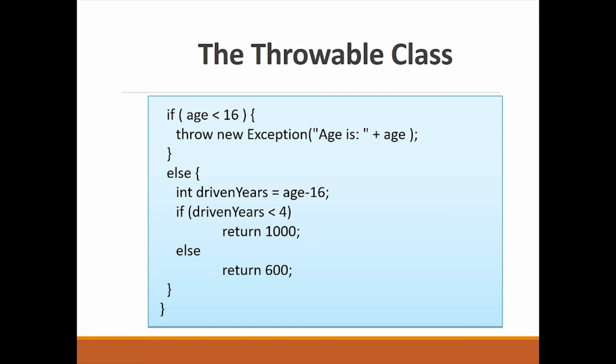Take note, when I say throw new exception and the age is less than 16, it will create an exception. It will be thrown, and it will show that age is less than 16.